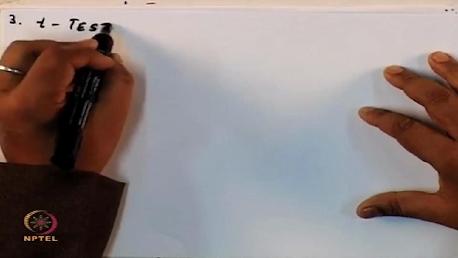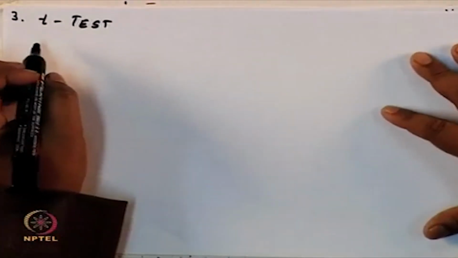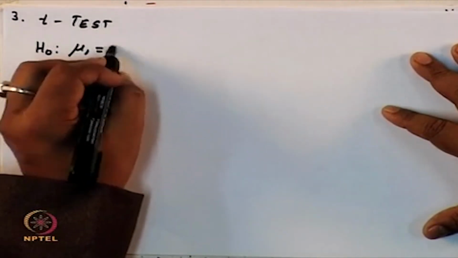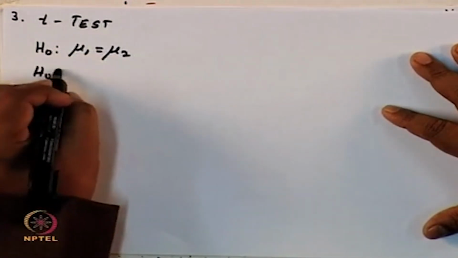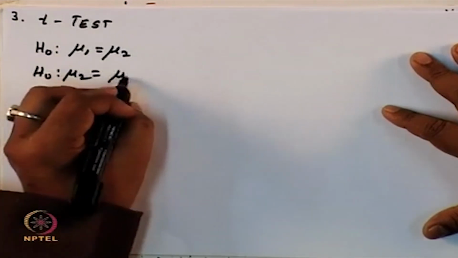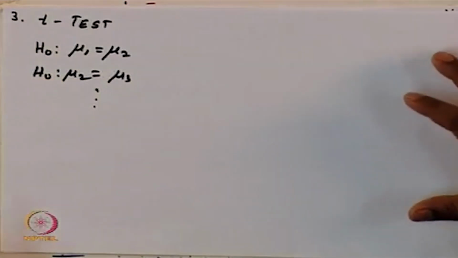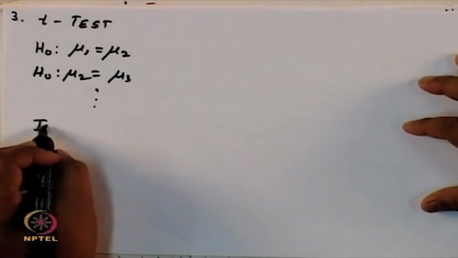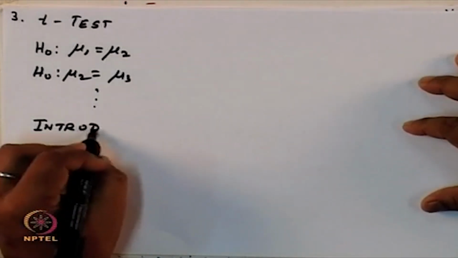Okay. So, as we discussed in last class, you can do this using the t test. Okay. But in that case you will have various hypotheses you have to test. So, for example, you have to test the hypothesis mu1 equal to mu2, hypothesis mu2 equal to mu3, and so on and so forth, okay, which is tedious and it also introduces error.